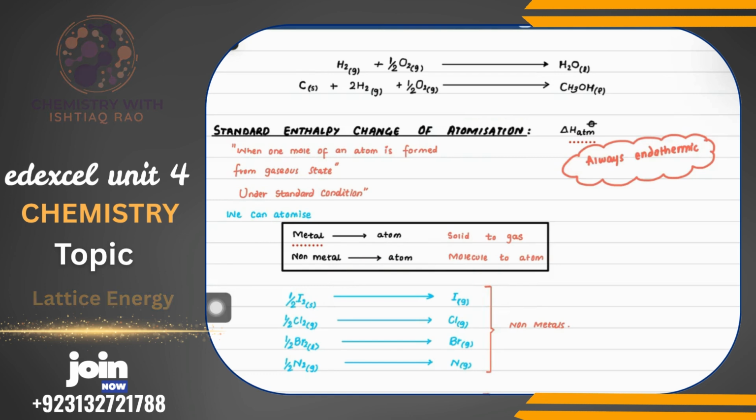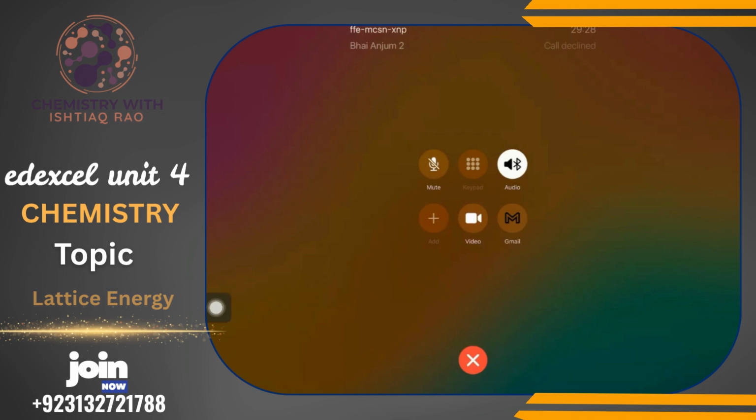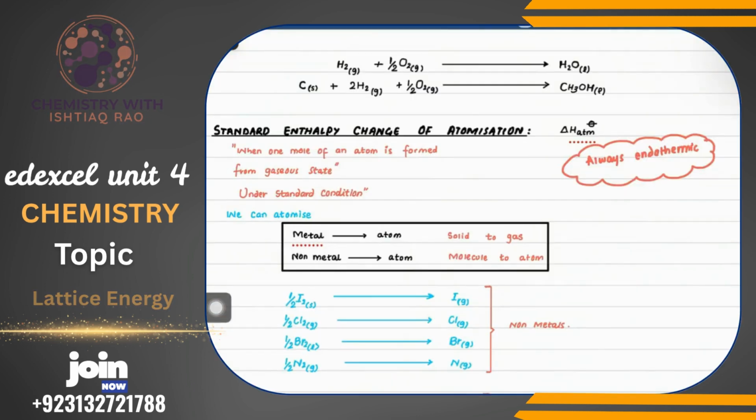Basically, we generally talk about metals and non-metals. For the metals, it's solid to gas, and for the non-metals, it's molecule to atom. Remember, for the metals, it's from solid to gas, and for the non-metals, it's from molecule to atom.